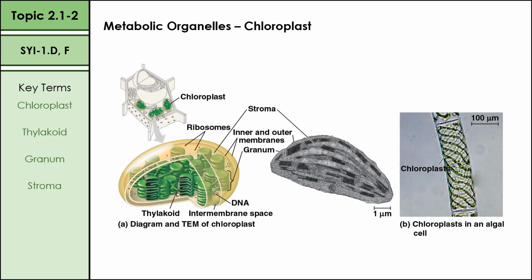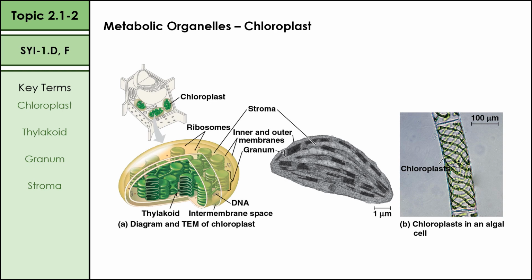Looking to our other heavy hitter in terms of metabolic organelles, we have the chloroplast. Similar to our mitochondria, the chloroplast also has double membranes, the outer of which is more similar to the eukaryotic cell, and the inner membrane more similar to prokaryotic cells. Also like the mitochondria, the inner membrane is highly folded.